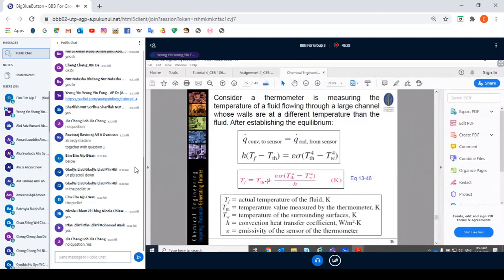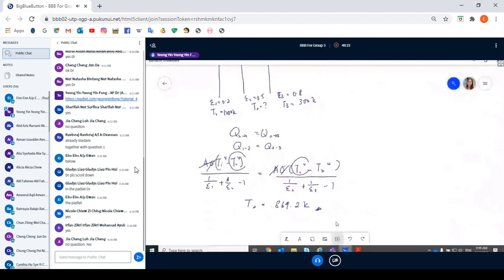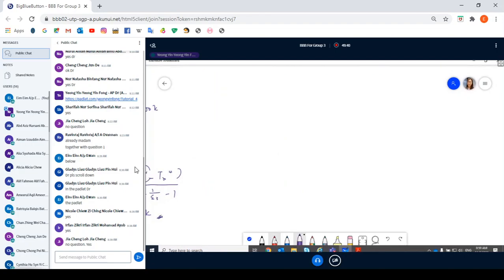So you just need to have a quick drawing over here, whereby you will have the fluid and then the thermocouple.